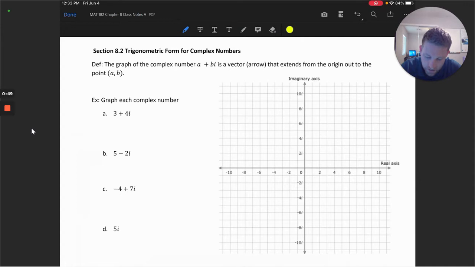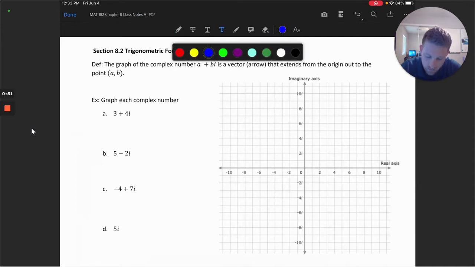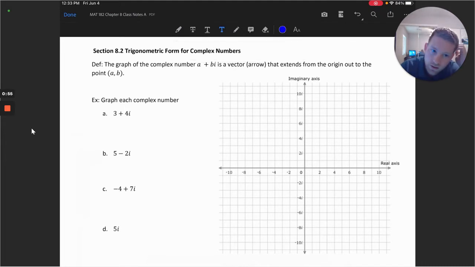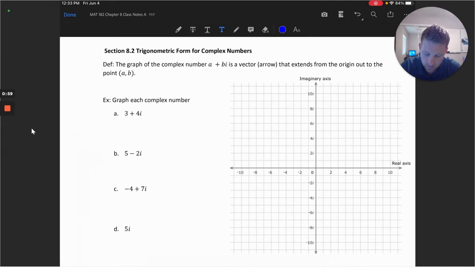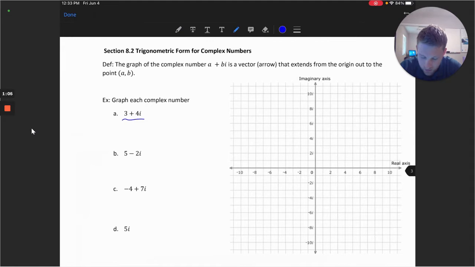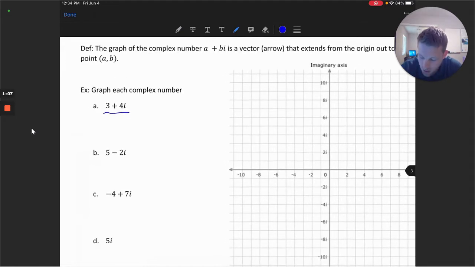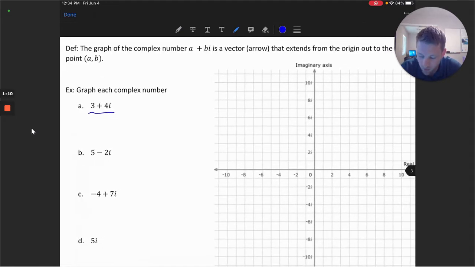Each one of these, again, is going to be a vector from the origin. So we'll do these in each different color. We'll start with A, the 3 plus 4i. That's going to be 3 along my real axis and 4 along my complex axis.